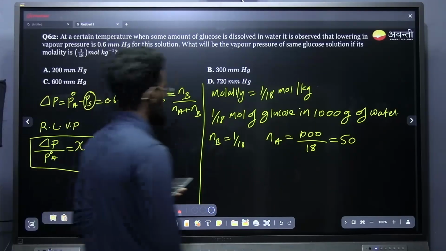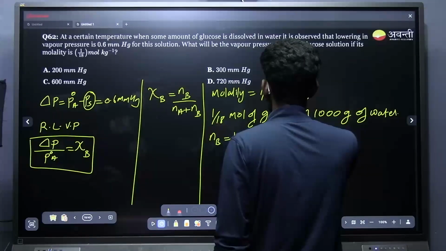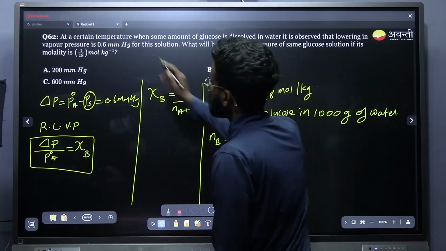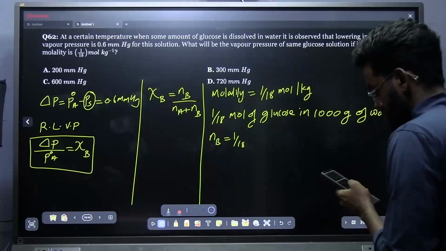Okay, just a minute. Mole per kg, here it is mentioned mole per kg, so it is mentioned as 1000 gram of the solution.